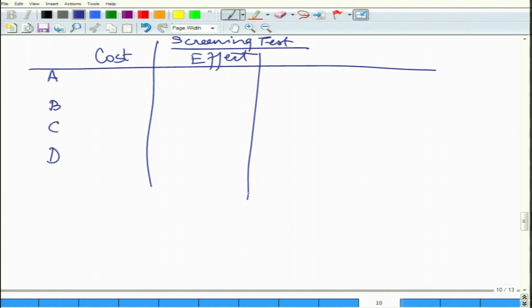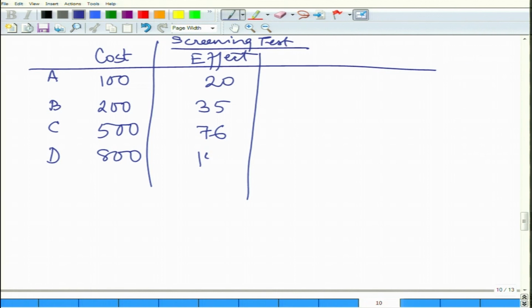Say the costs are 100, 200, 500 and 800, and the effects are 20, 35, 76 and something close to 157. Then I can measure a C by E, which is 100 by 20, 200 by 35 and so on.